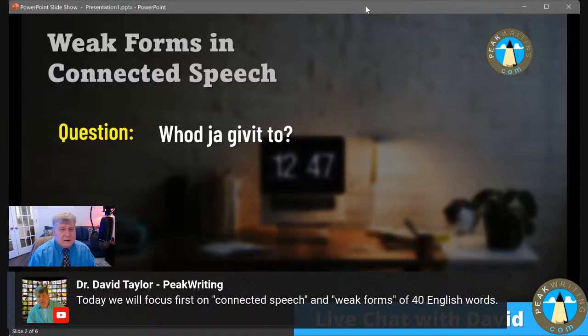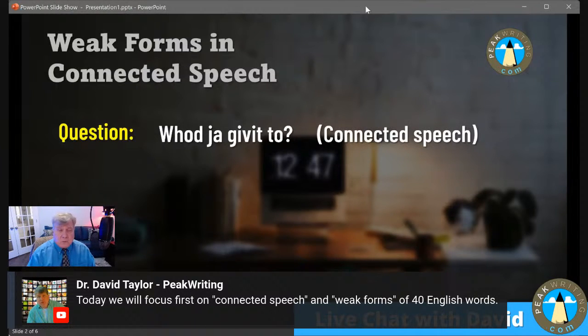If you look up an English dictionary, you will not find the word who'd, you will not find the word j, and you will definitely not find the word give it. There are no give it's in English. There are no who'ds in English. What you're seeing there is a different form of English that does not appear in dictionaries.